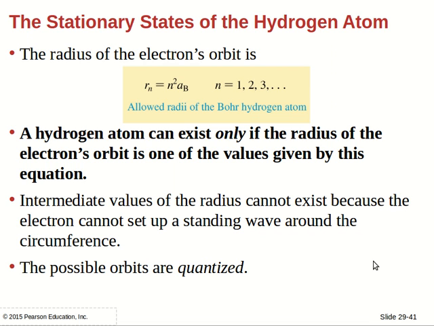Now notice that this equation is based on the fact that the velocity of the electron takes on certain values based on the equating of the Coulomb force and the wavelength condition, and therefore the hydrogen atom can only exist if the radius of the electron orbit is one of these particular values. That comes from the wavelength condition that we impose, and that is that the circumference is an integral number of wavelengths. Intermediate values of this radius cannot exist, and therefore the orbits themselves are quantized.